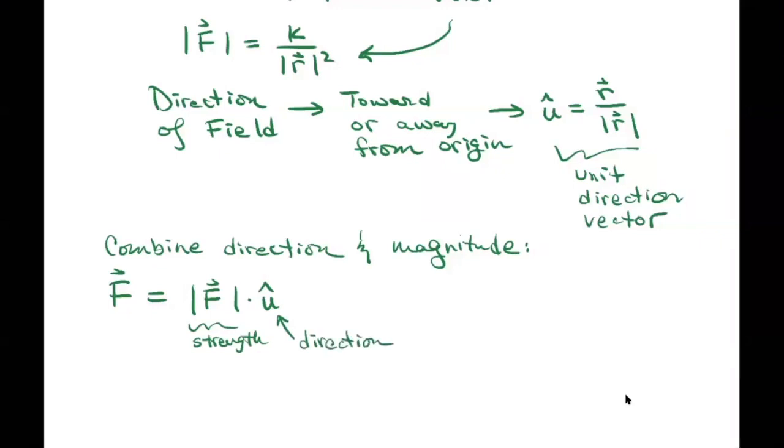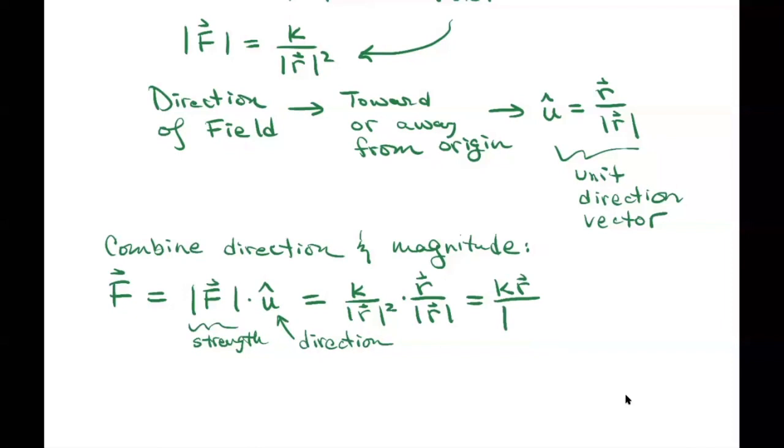And that's easy enough. So the strength is K over the magnitude of R squared times the unit vector, which is R over the magnitude of R. So it's a weird thing that an inverse square field actually has a cube in the denominator.